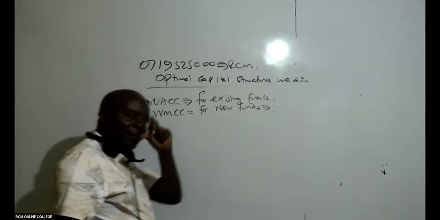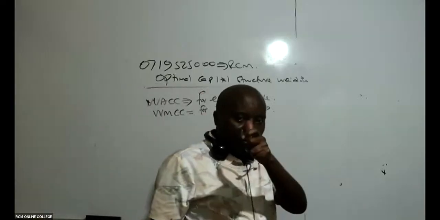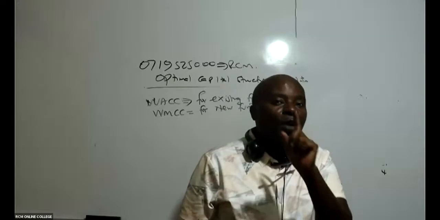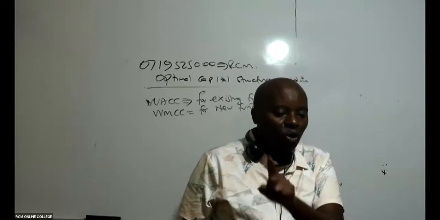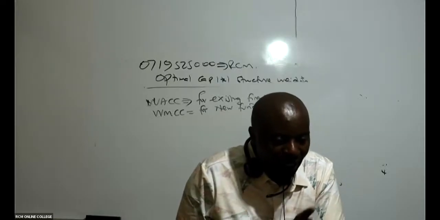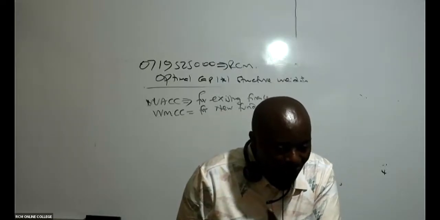Marginal means incremental. And why is this cost of capital going to increase? It's because of new projects, because of new funds. WACC is for existing projects and the WMCC is for new projects.